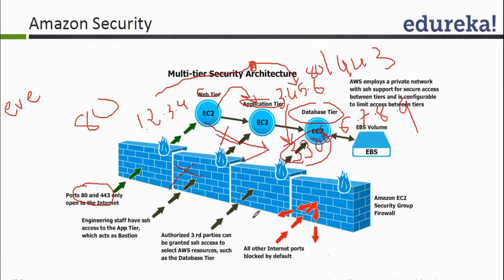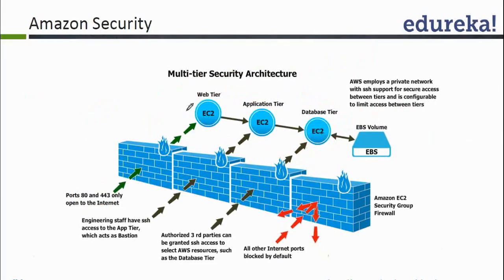So nobody else from the external can connect to my database. When you think in terms of architecture, if a request comes for the web tier, it's allowed. But if somebody knows the IP address of the application tier and tries to access it from the internet, they would not be allowed. If somebody knows the IP address of the database and tries to connect from the internet, they would not be allowed. The database can be accessed from here only. Same way, the application server can be accessed from here only. This way, I would have much more secure access to my environment.